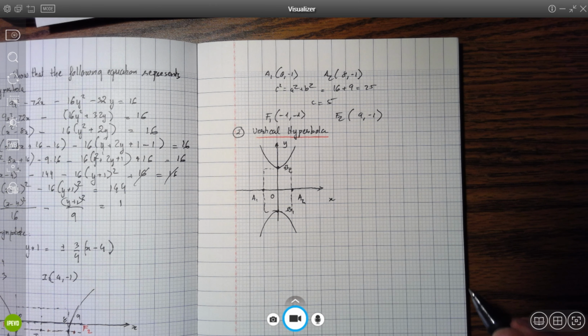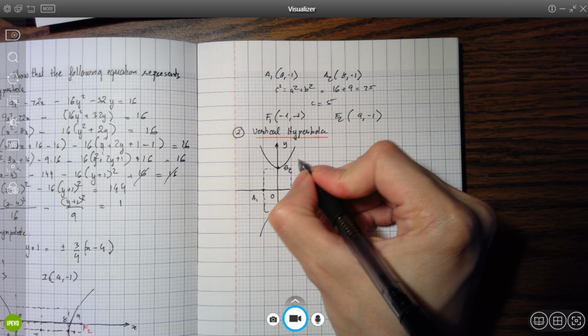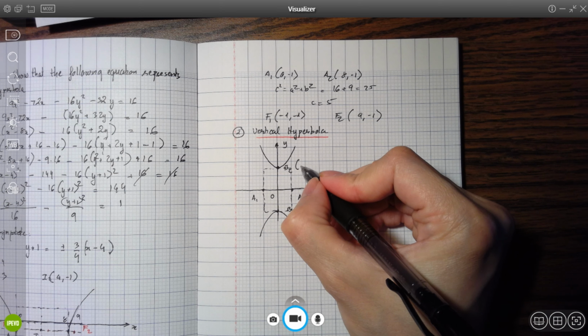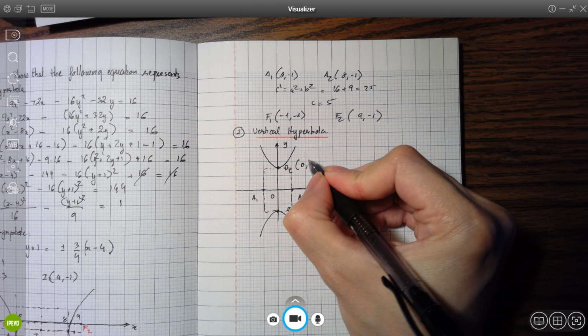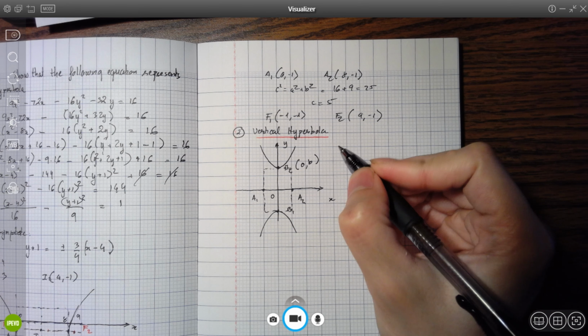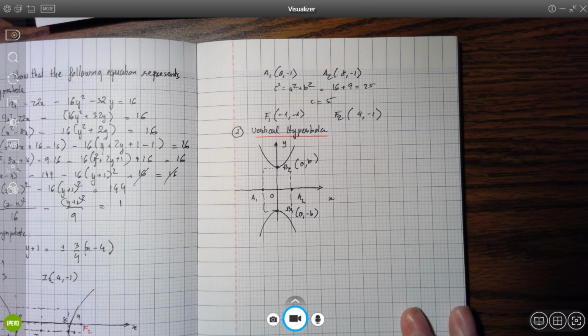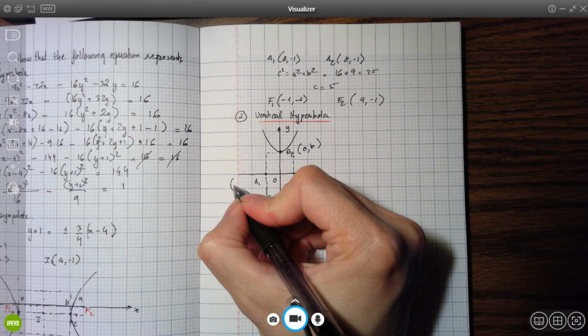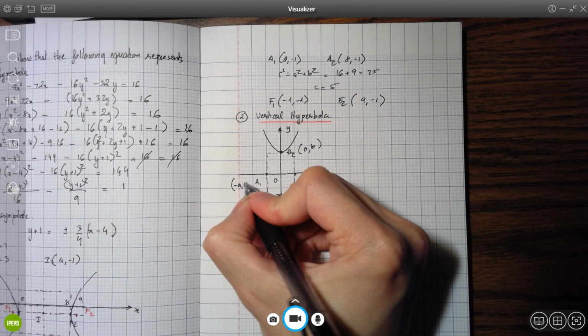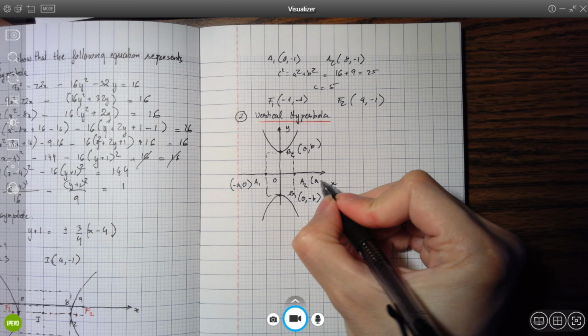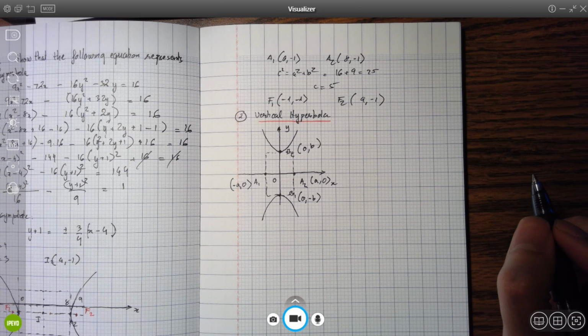So the vertices will be B1 and B2, and the coordinate of this vertex will be (0, b), and over here could be (0, -b). For A1 and A2 the coordinates will be (-a, 0) and (a, 0).